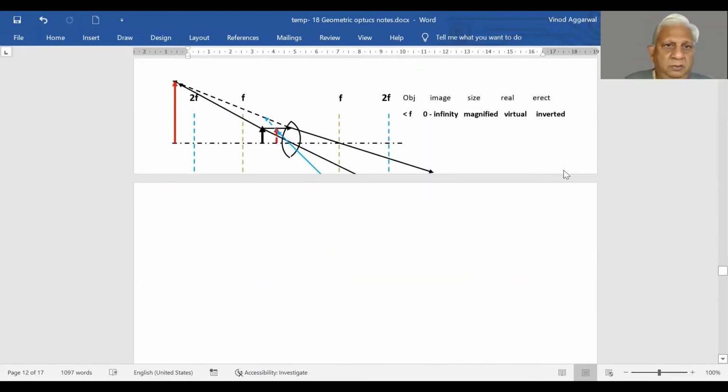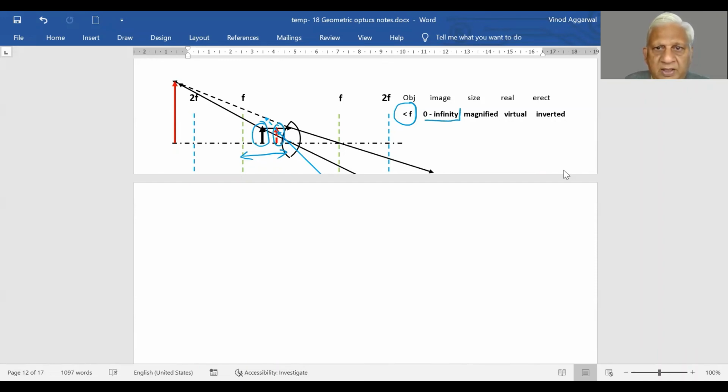Next case is if our object is between the pole and F. This is our pole and this is our F. If it is in this region, this is the object, and this is the image which is formed.